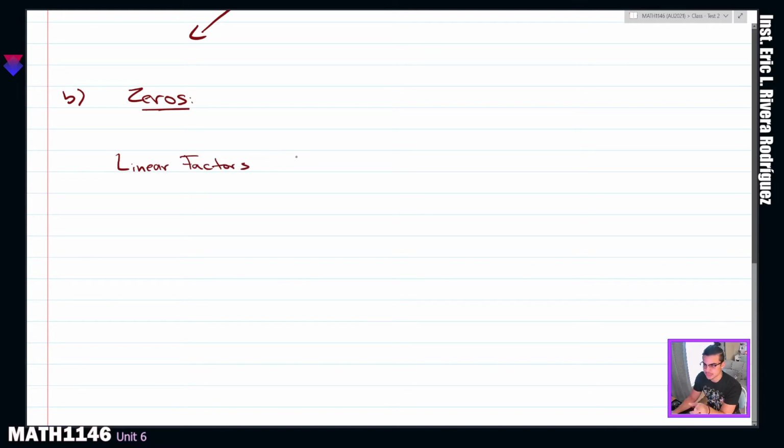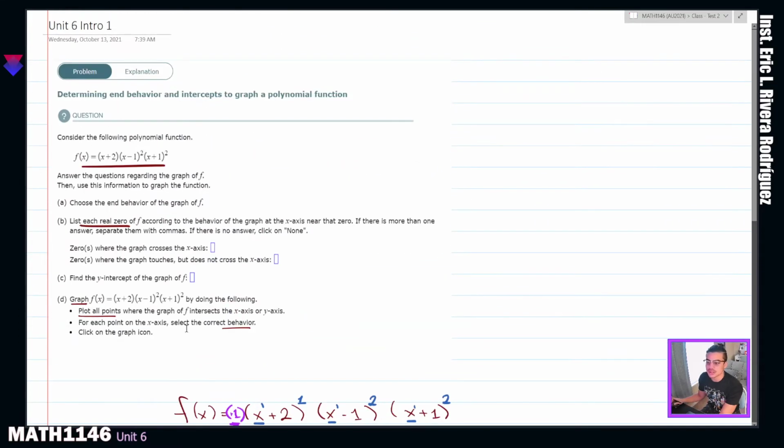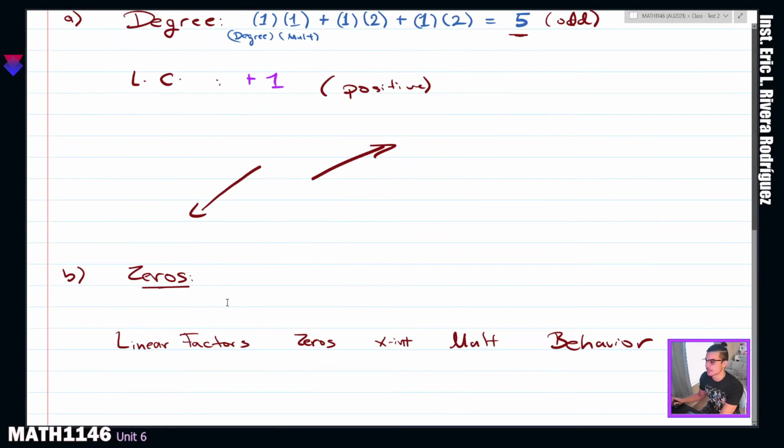From the linear factors we can get the zeros. Then we can get the x-intercepts. Then we are going to get the multiplicity of those zeros, and lastly we are going to get the behavior. Okay, this word is always behavior. All right.